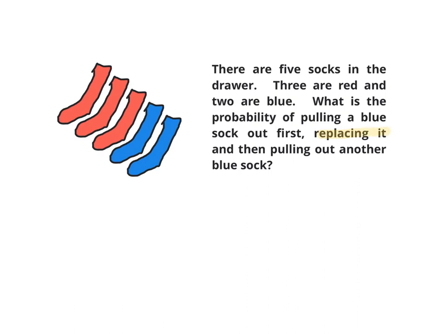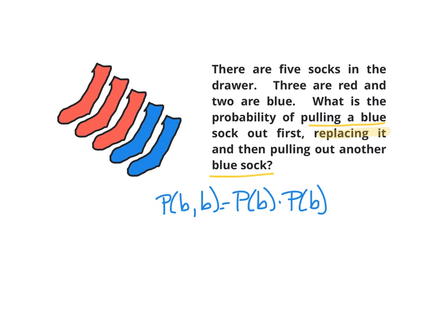So in this problem, we want to pull a blue first, and then we want to pull out another blue. So I want to know the simple probability of pulling a blue out first, replacing it, and then pulling out another blue sock from the drawer.